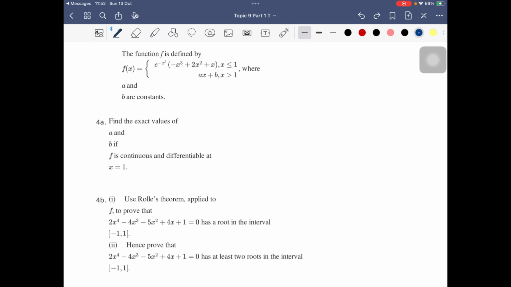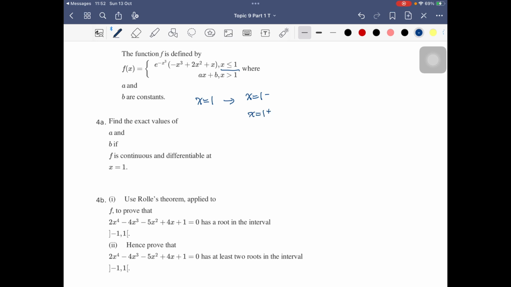So on both sides it is defined with different functions. So we need to make them meet when x equals 1. So let's say from the left side and from the right side.